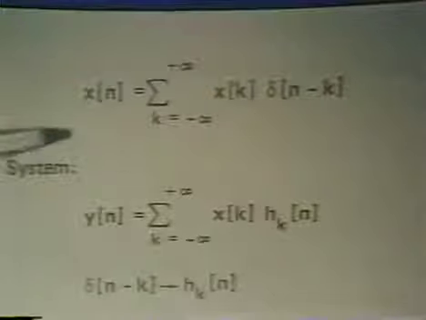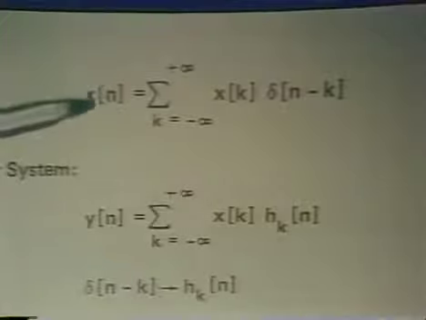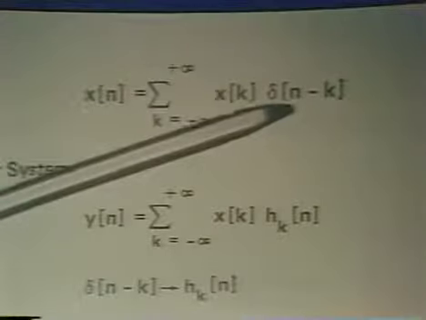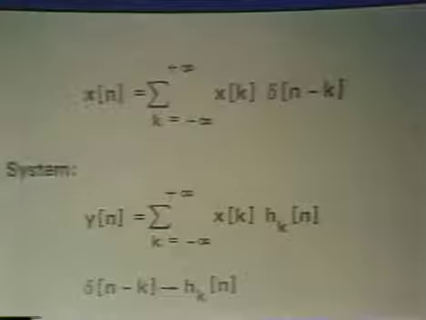Now, why is this representation useful? It's useful because we now have a decomposition of the sequence as a linear combination of basic sequences, namely the delayed impulses. And if we are talking about a linear system, the response to that linear combination is a linear combination of the responses.